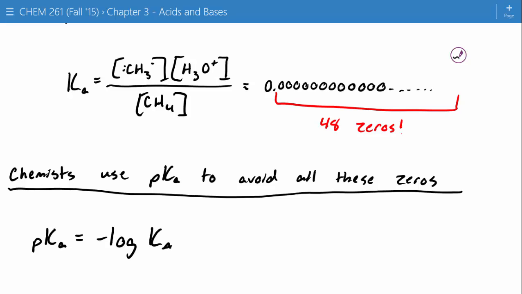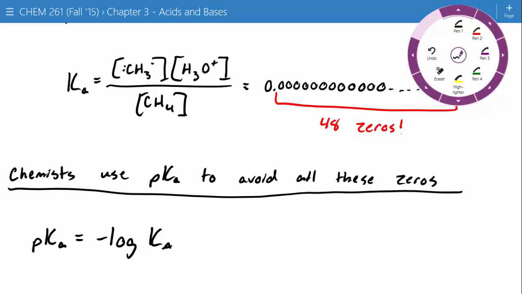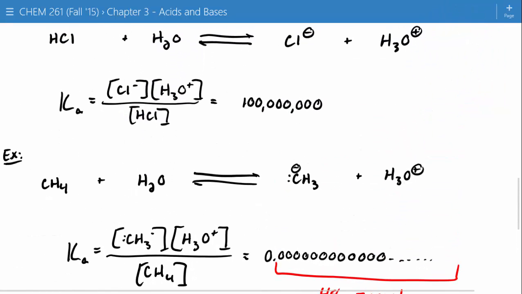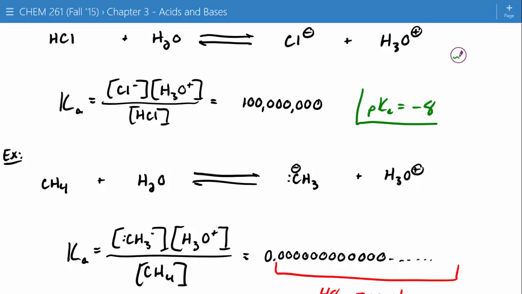So if we go through and we do negative log of 100 million, that means that its pKa is going to be 8. Or sorry, -8. I forgot the negative there. That's a lot easier to write than 100 million.